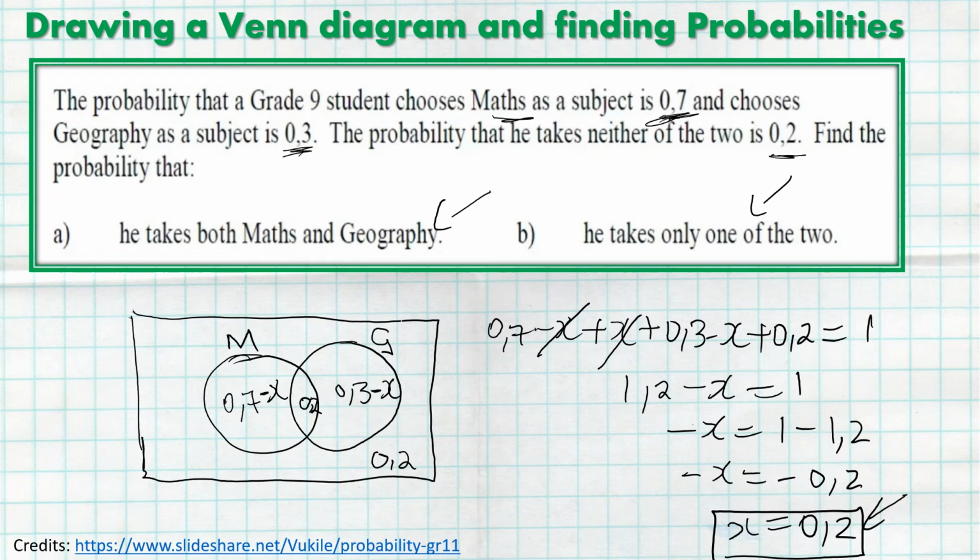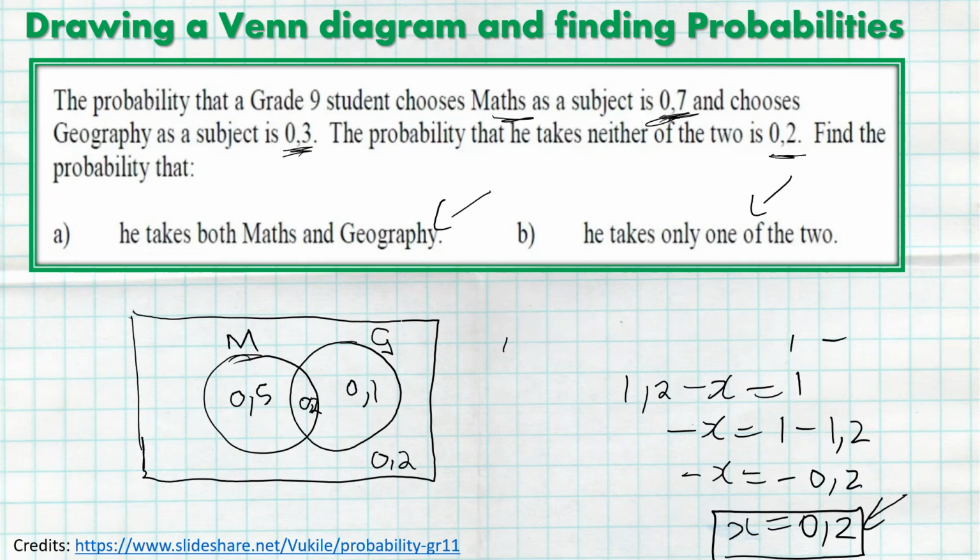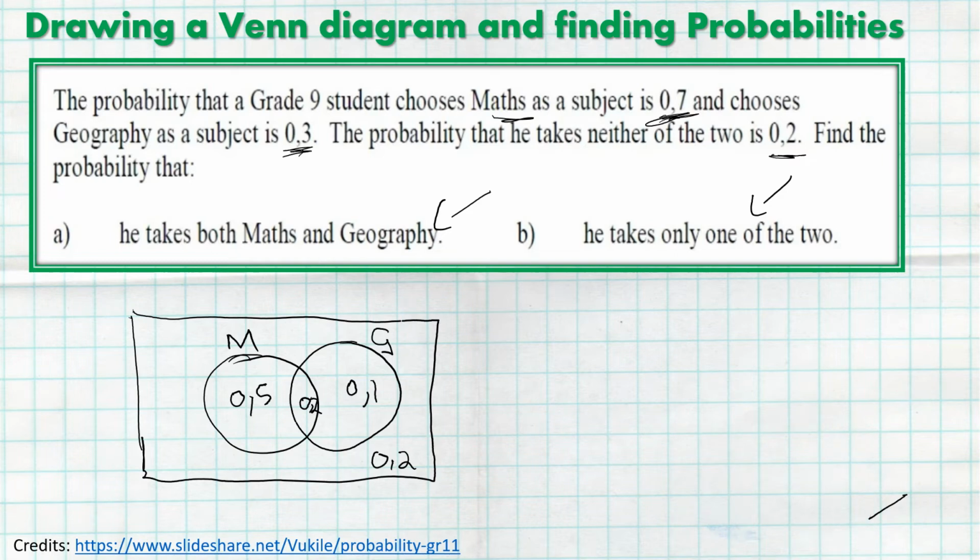So it will be 0.7 minus 0.2, which gives 0.5 for maths only. Then this one will be 0.3 minus 0.2, which is 0.1. Then we have now completely filled that Venn diagram.